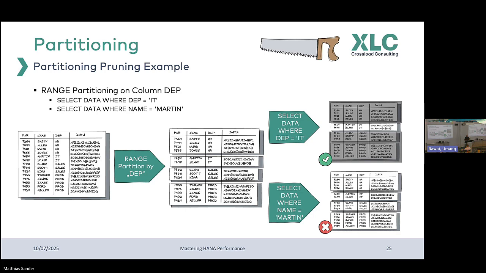You might think you found the best design for the repartitioning, by range or by hash, and at that point in time it was the best design for the table. But then there is a new Z program or anything else, and the developer was not aware that the table was partitioned and writes an SQL command where that specific column is not part of the where clause, then you might have a problem.